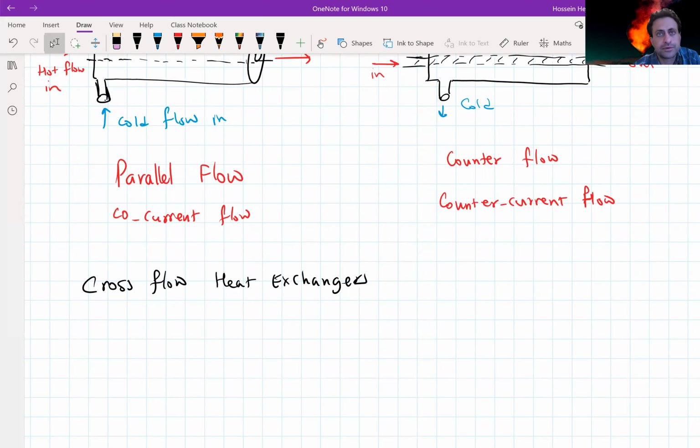The most famous one is the one that you have seen in car radiators, where you have the coolant in the tubes either coming downwards or, let's say, from left to right in a lot of pipes, and then we have a cross flow of air just going through and cooling the system.